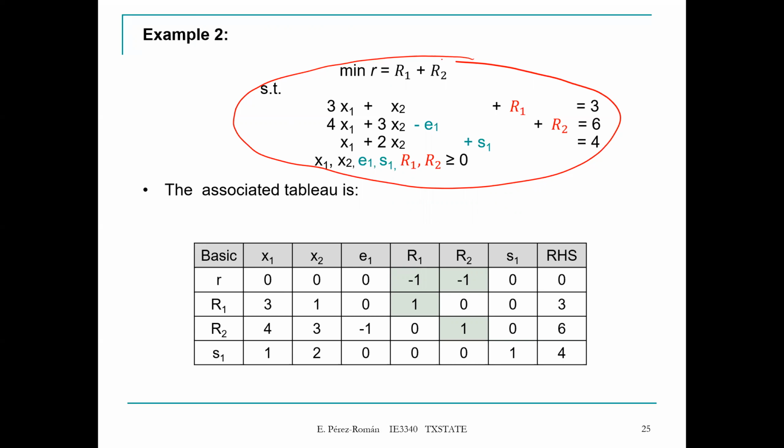For row 1, we have these coefficients in which the artificial variable is part of the identity matrix, which is part of the basic variables for this row. Same thing for R2 and for S1. So that's our initial tableau.